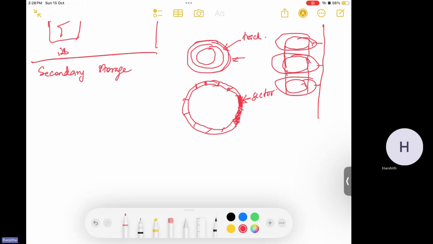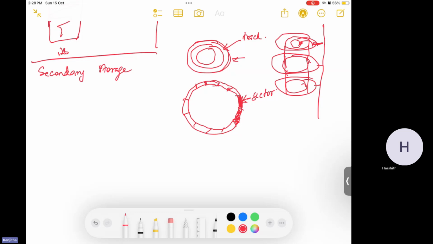Now if I want to access any memory from the secondary storage, the access time is much higher than the primary memory access time. When we need to access a particular sector, which is on a particular cylinder or track, first the head has to come and position itself on that track or cylinder.